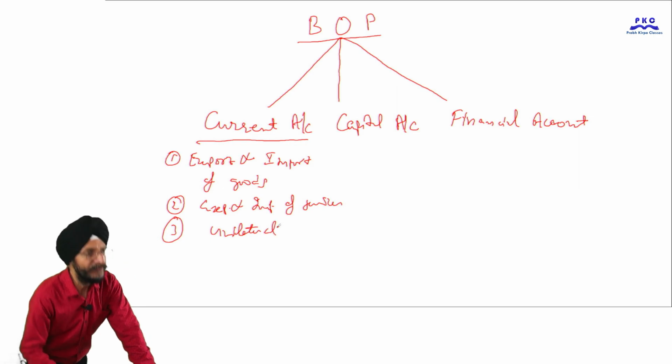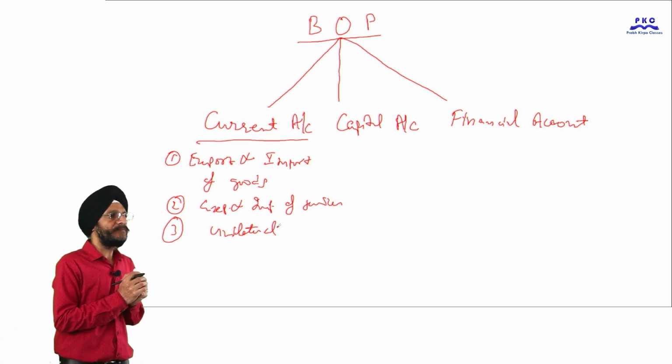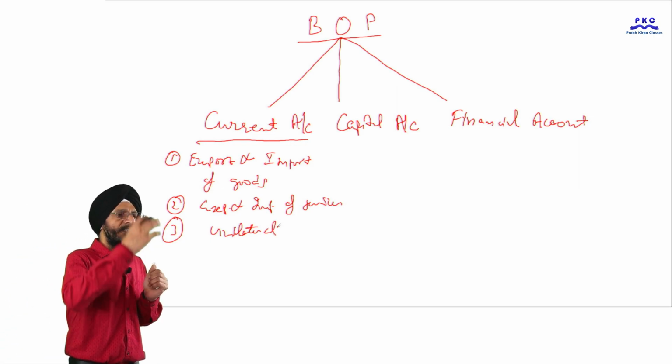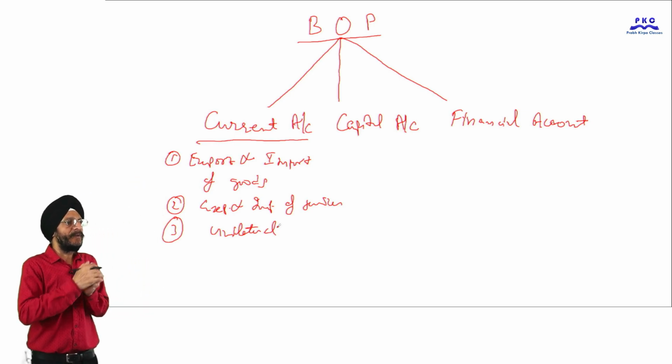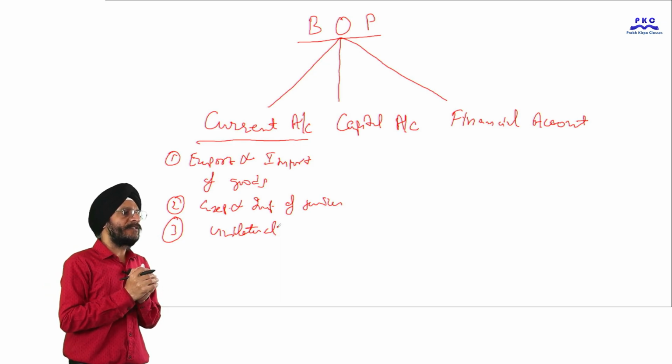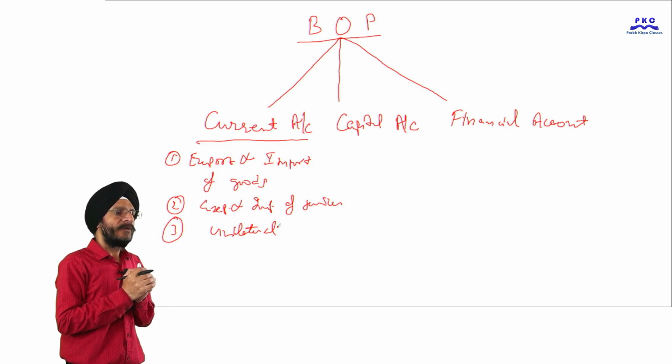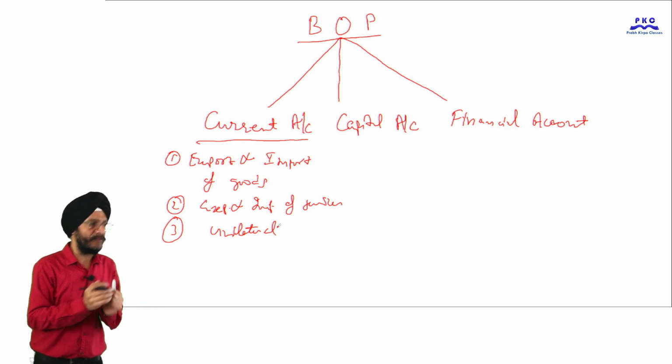Unilateral transfers are one-time transfers. That is, we do not get anything in return. When we give aid to other countries on humanitarian ground, we do not receive anything in return.